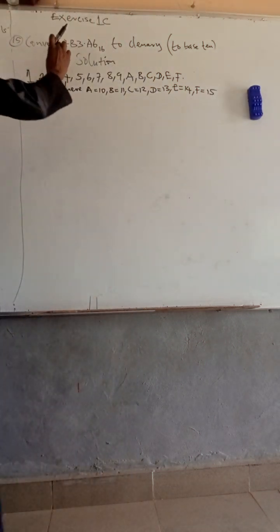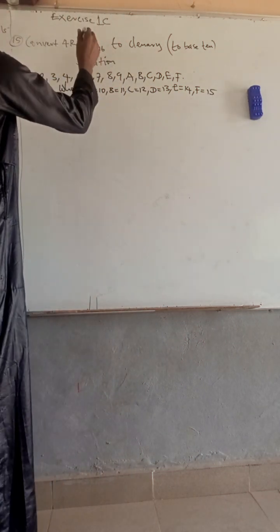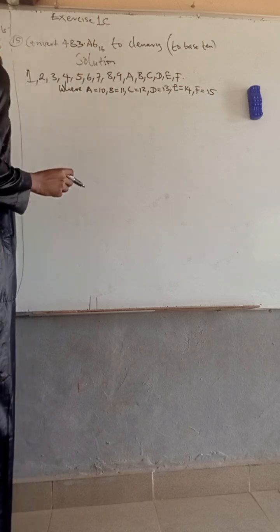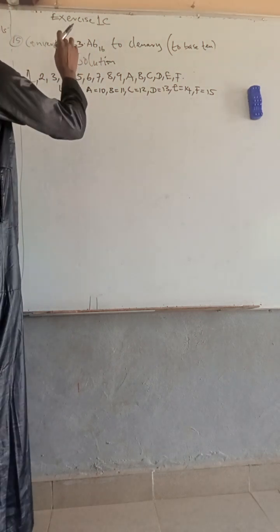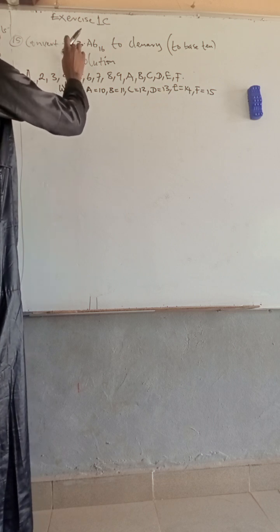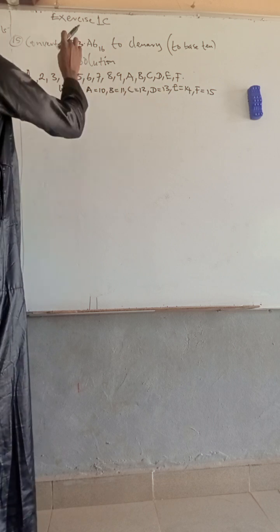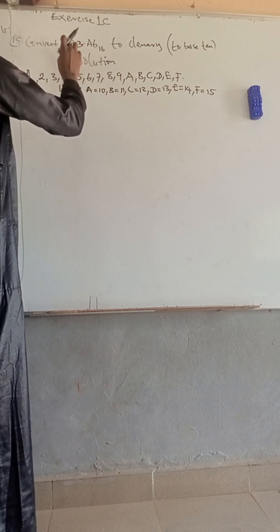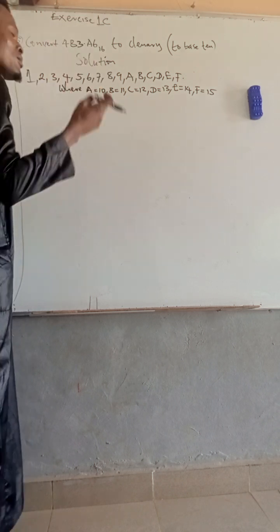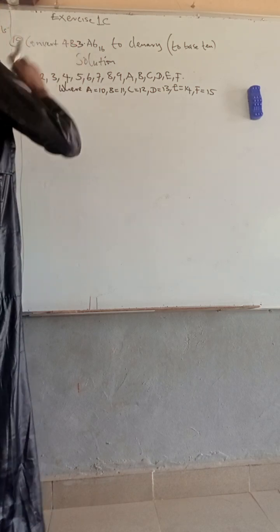So if you have this kind of question here, what it is telling you is that we have 4. The next digit is 11. But if we write 11 here, we are going to consider it as 4, 1, 1, and not 4, B. That is why this B is here.